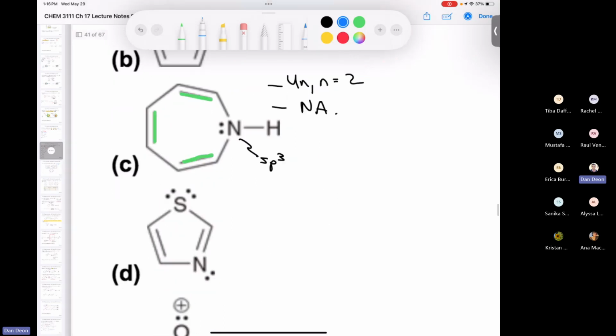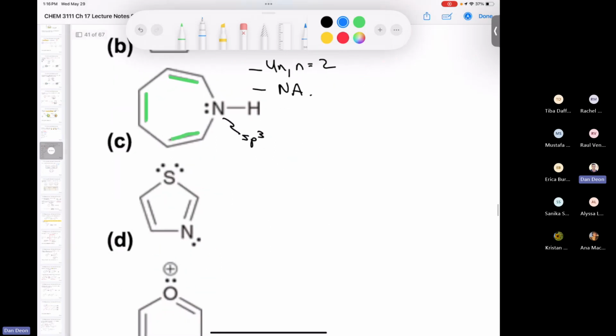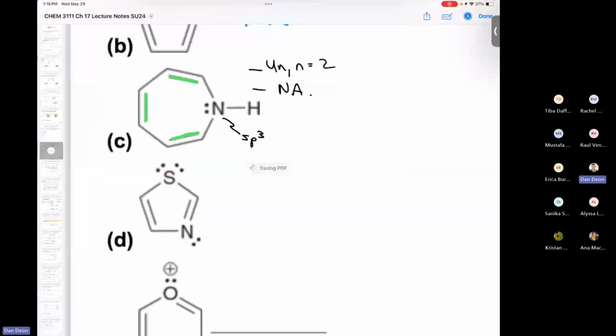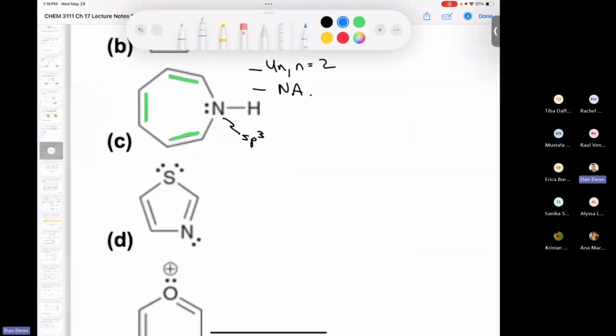All right, let's look at the next one. This is called thiazole. I showed you this, I think maybe at the beginning of the class. A couple of things. First, let's look at the nitrogen, because the nitrogen has a lone pair and a pi bond on it. Both of those can't be in p orbitals, because this nitrogen is sp2 hybridized.